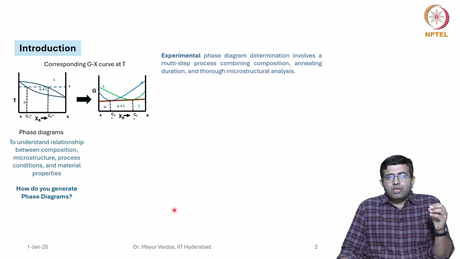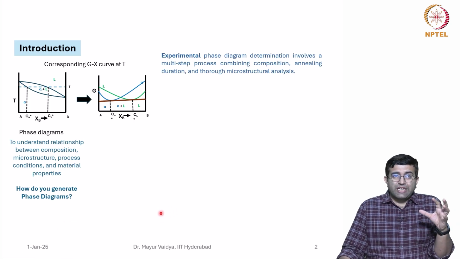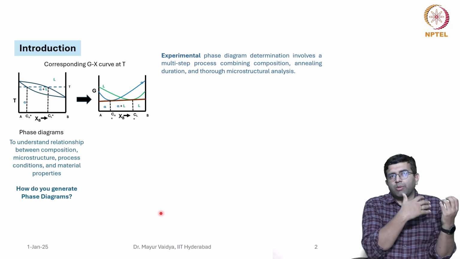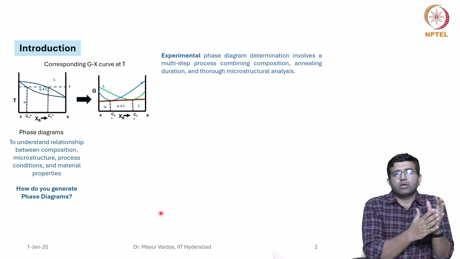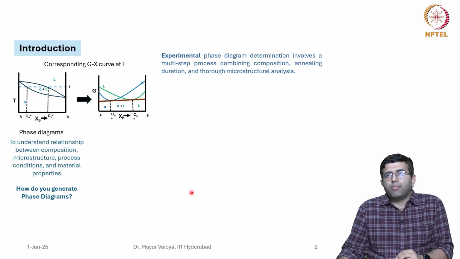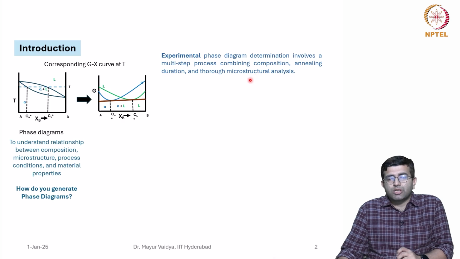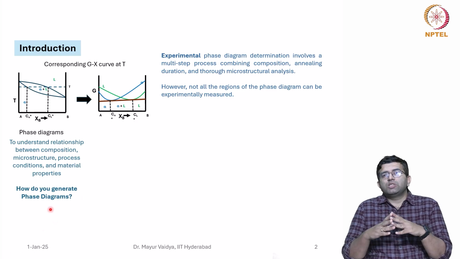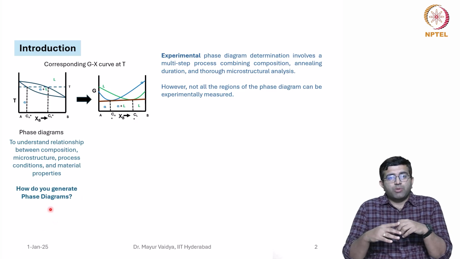So, experimental phase diagram determination is the traditional way, and it is a powerful way also, but a long and tedious way nonetheless, which involves a multi-step process combining composition, annealing duration, and thorough microstructure analysis. But not all the regions of all the phase diagrams can be experimentally measured.